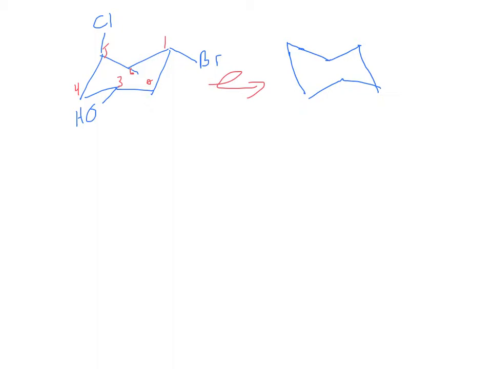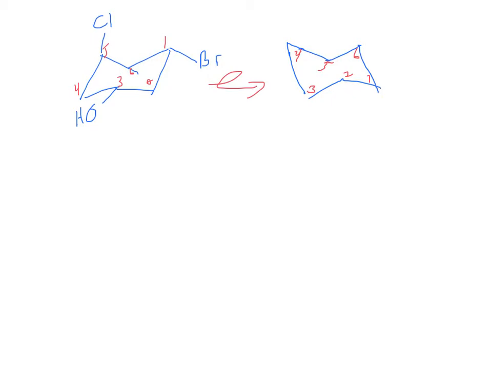So now where's carbon 1? Carbon 1 is right here. This is 2, 3, 4, 5, and 6. Good. Did any bonds break? No bonds broke, right? Good.